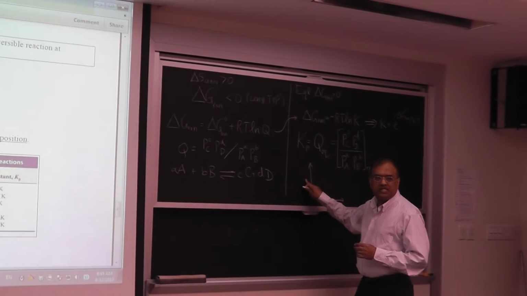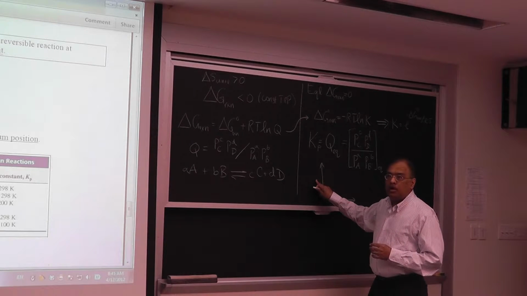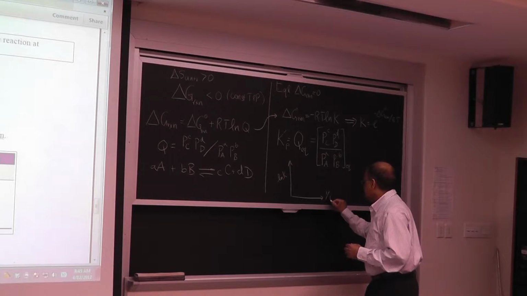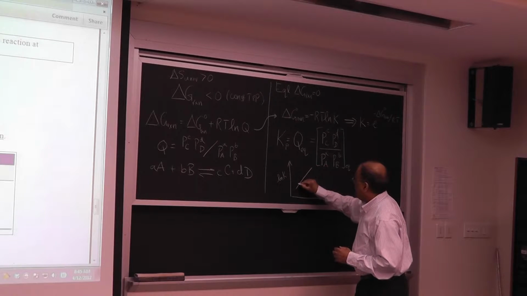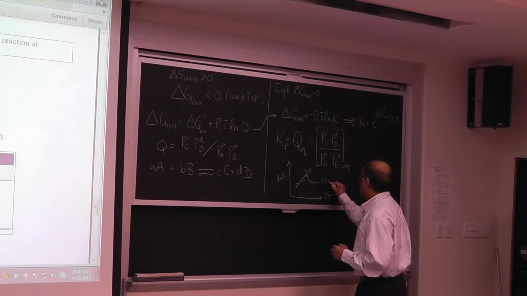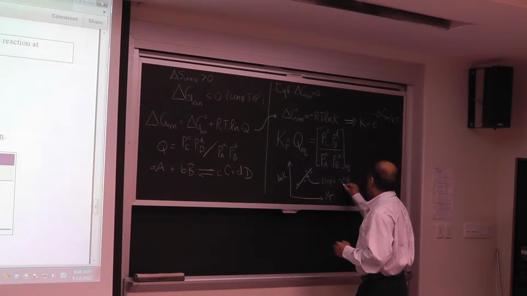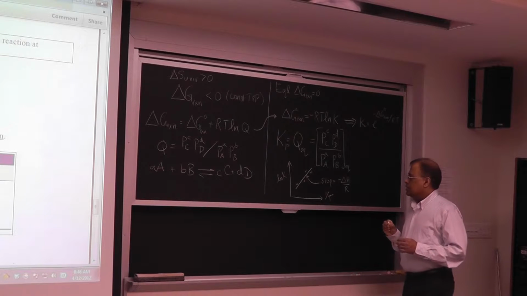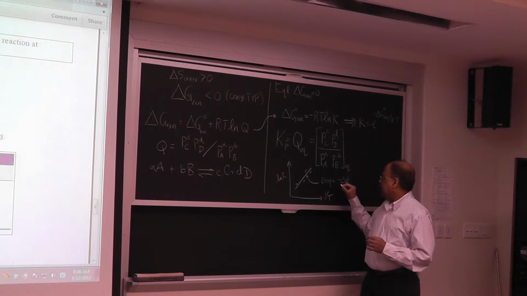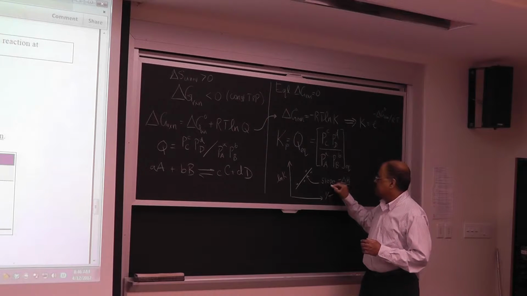What did we plot on the y-axis? We plotted log of K and inverse T. And the slope of this line was negative delta H over R. So in the case of an exothermic reaction, delta H would be negative, therefore the slope would be positive.